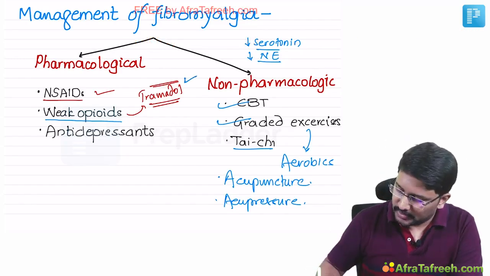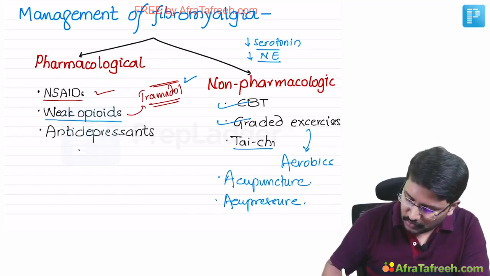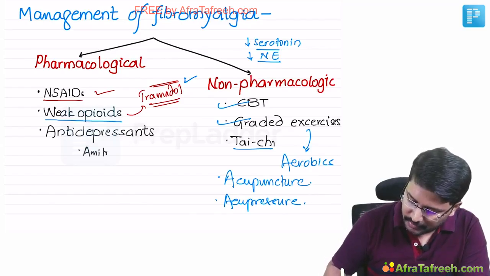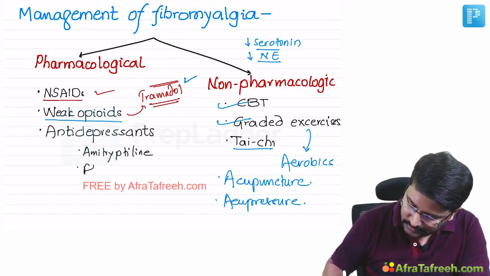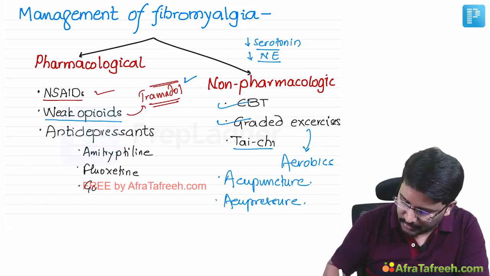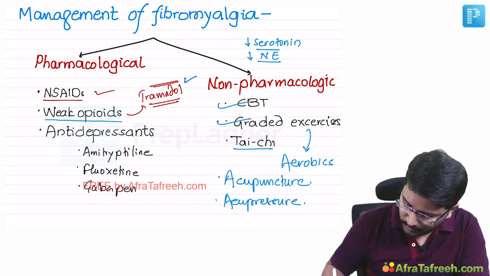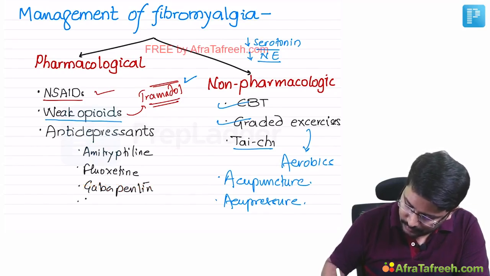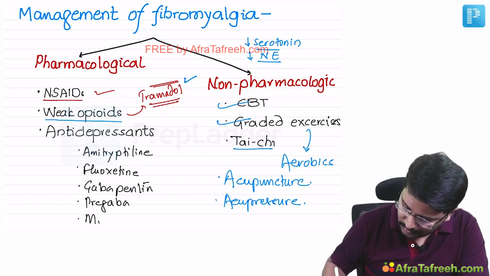Apart from that, yes, antidepressants can be used. The most commonly used antidepressant indeed is amitriptyline. We can also use fluoxetine. We can use gabapentin and pregabalin. And we can also use milnacipran.